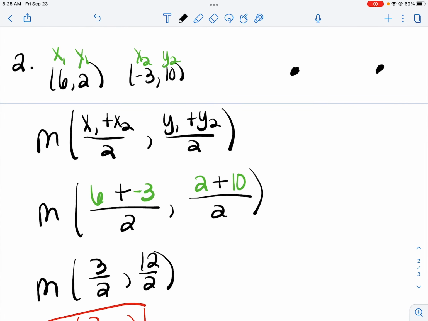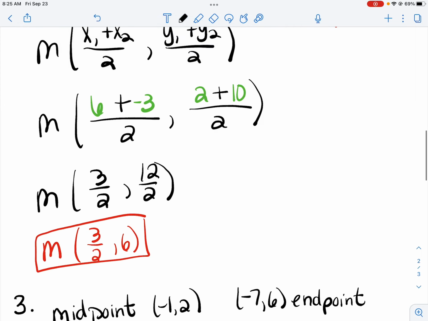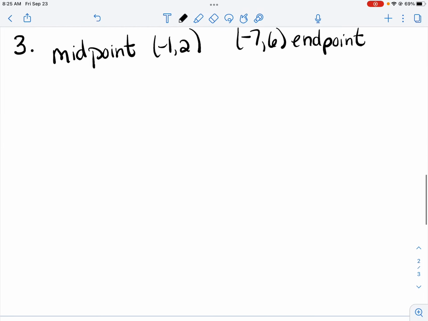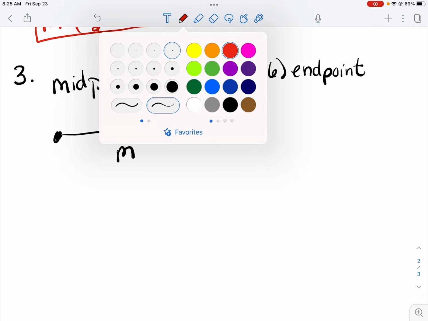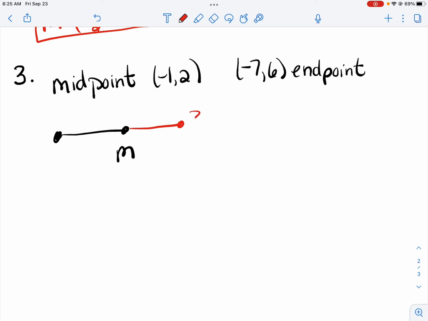Number 2 gives us the two ends, and we're asked to find the middle. But number 3 gives us an endpoint and the middle, and we're asked to find this other endpoint. So that's the difference between those two types of problems.